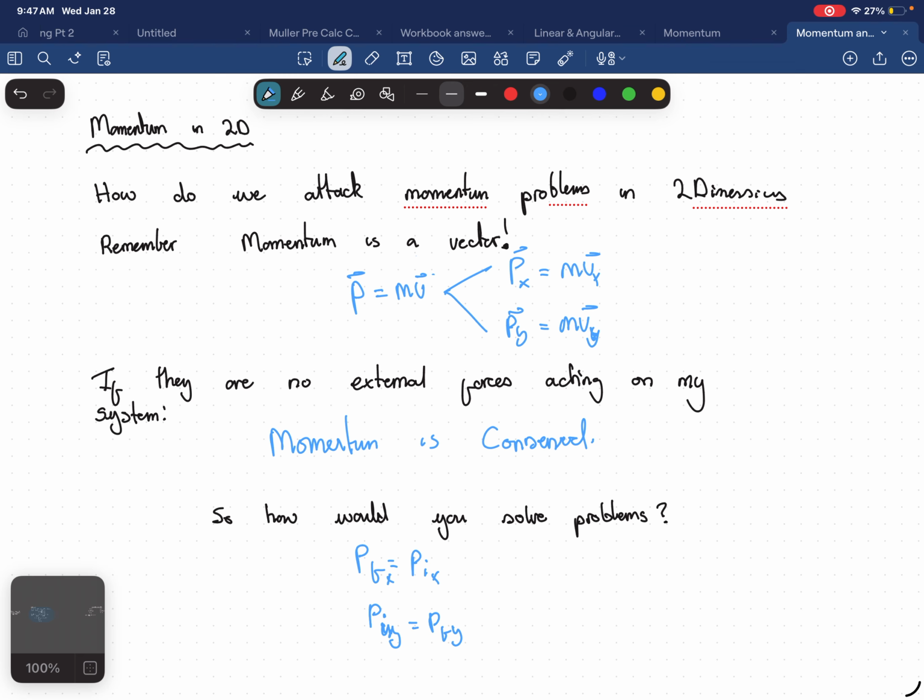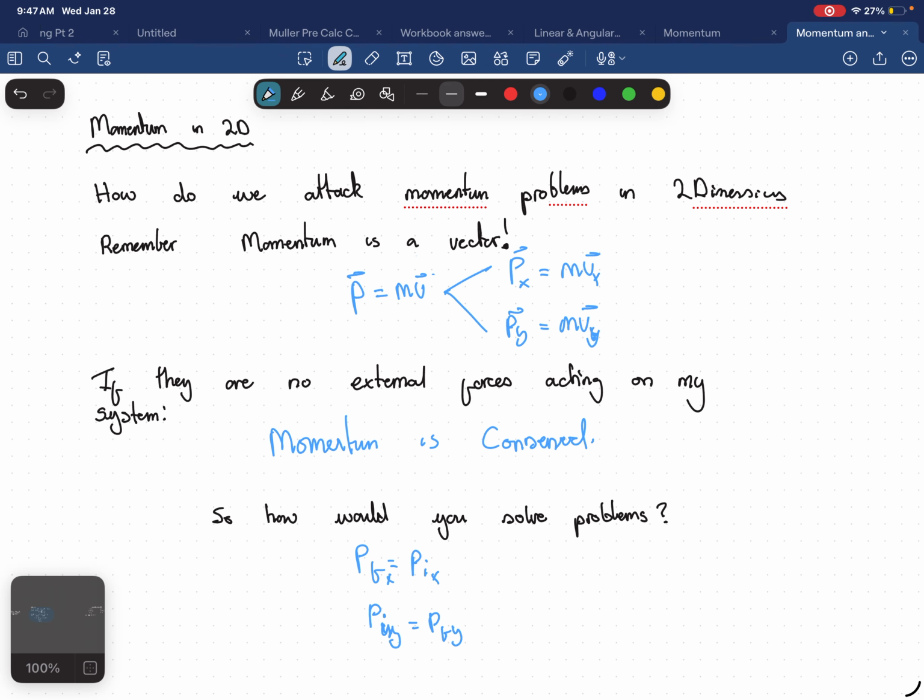Often the final velocity is the unknown, so we have to combine the two components to find the magnitude. I'll do an example in class, but keep this idea in mind of how we solve problems in 2D.